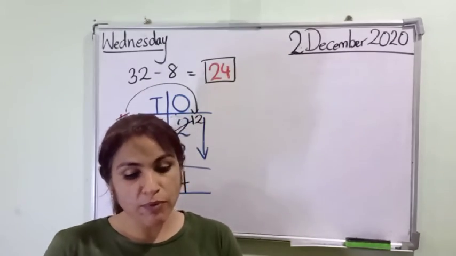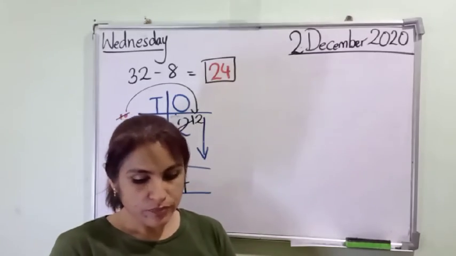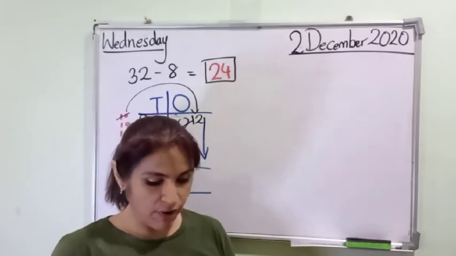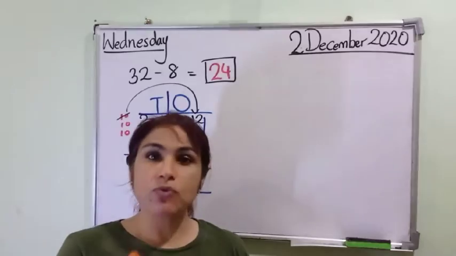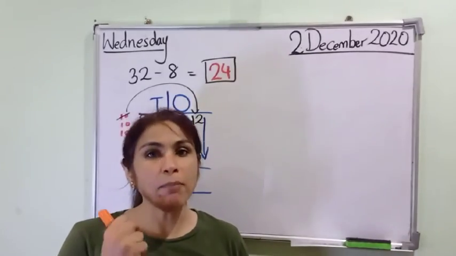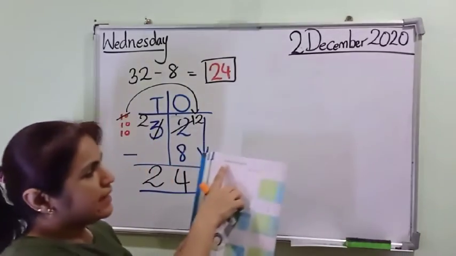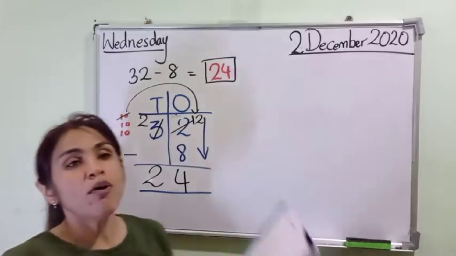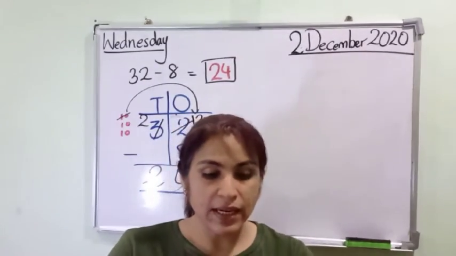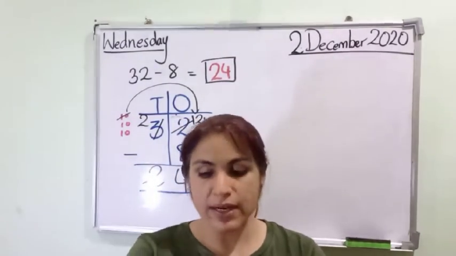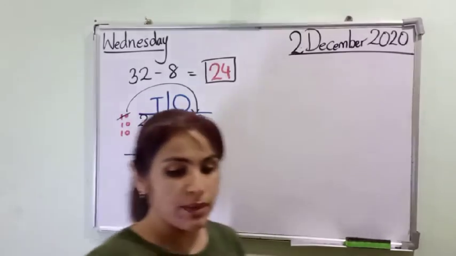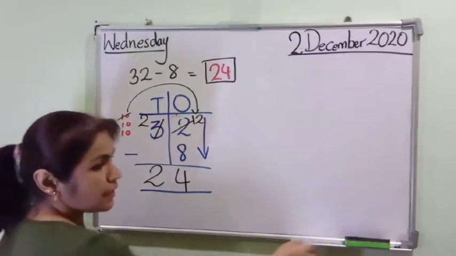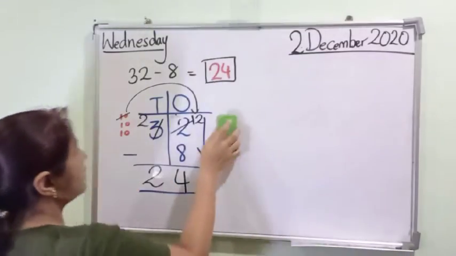Now come to page number 45. On page number 45, we are going to subtract double number from double number. It says subtract 47 from 63. 47 is a smaller number which you have to subtract from a bigger number, 63.